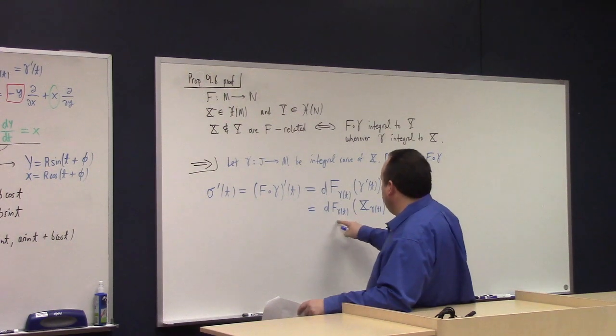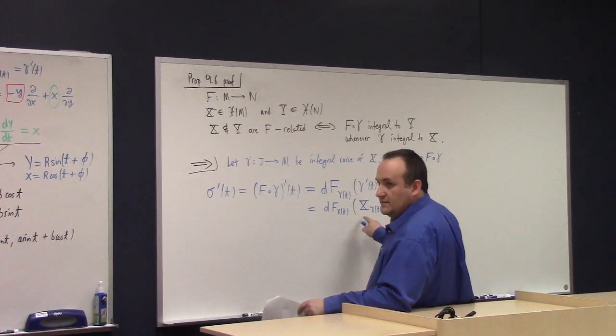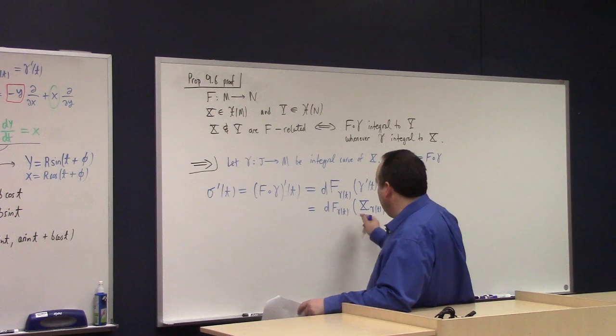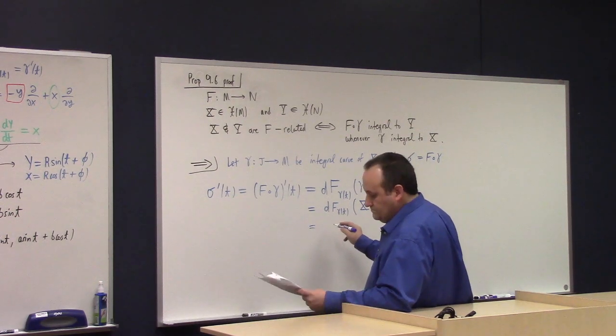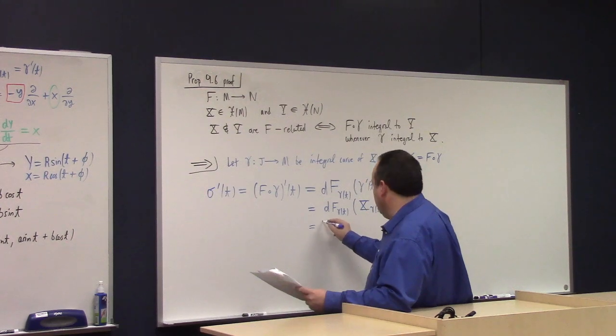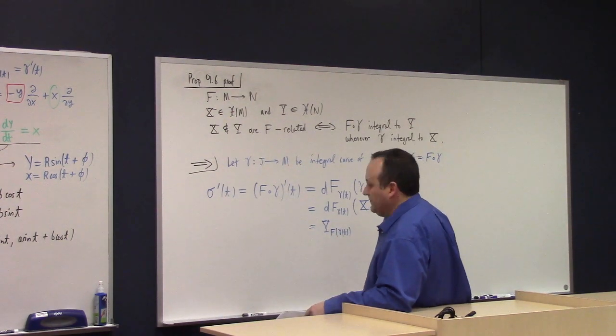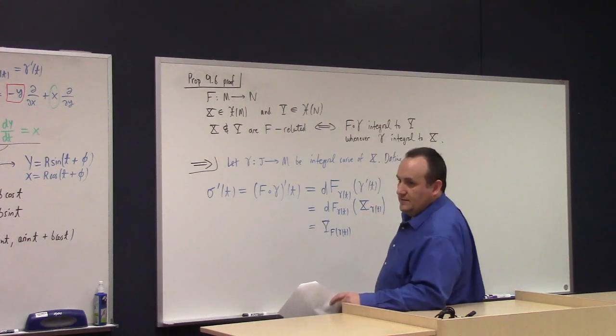But you guys remember last time we talked about F-related. So if X and Y are F-related, this is what? That's exactly Y of f of gamma of t, by the definition of F-related that we looked at last week.